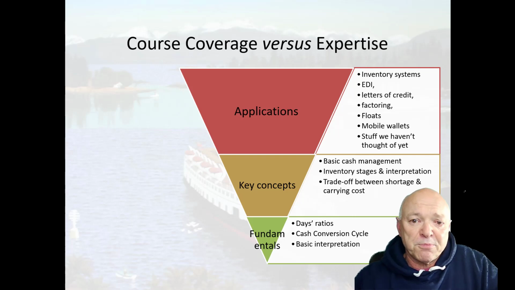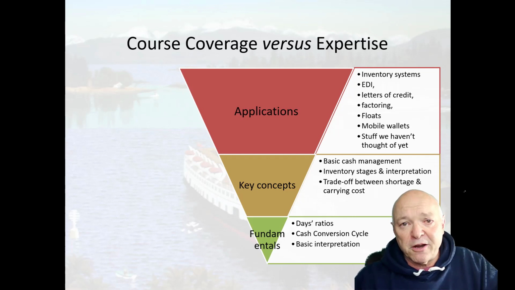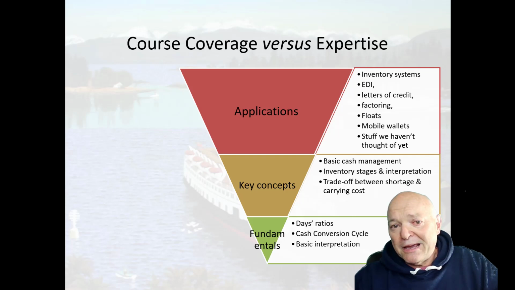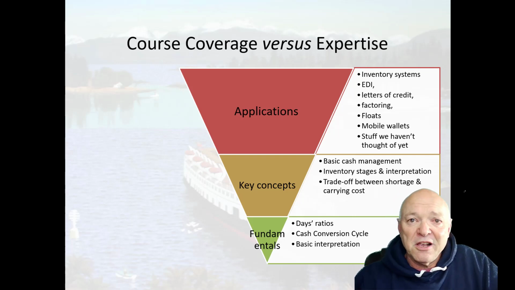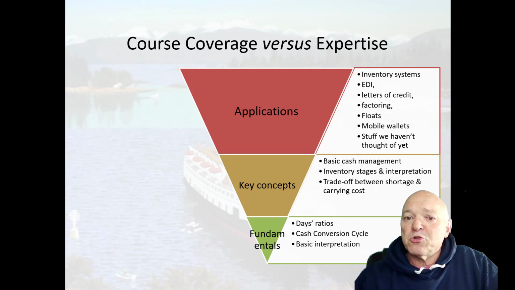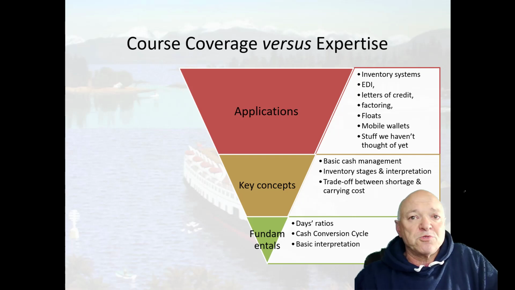When we think about the depth, starting from the bottom of this inverted triangle, we can see that some of the most basic and fundamental things that we study include things like the days ratios, the cash conversion cycle, and basic interpretation of working capital when we're talking about the working capital ratios.